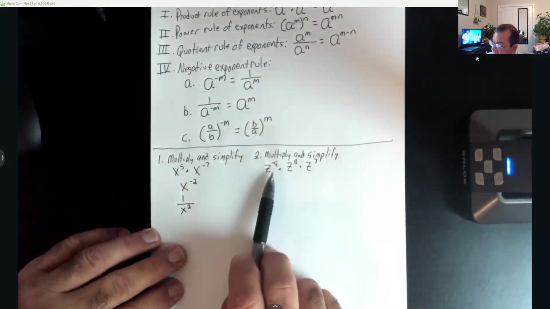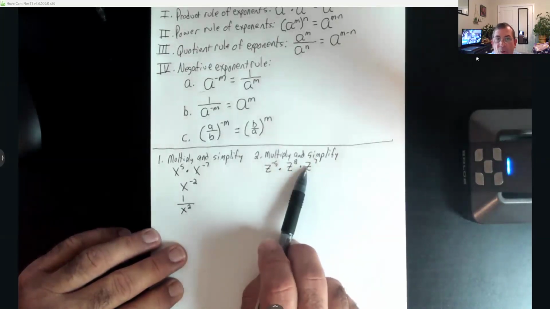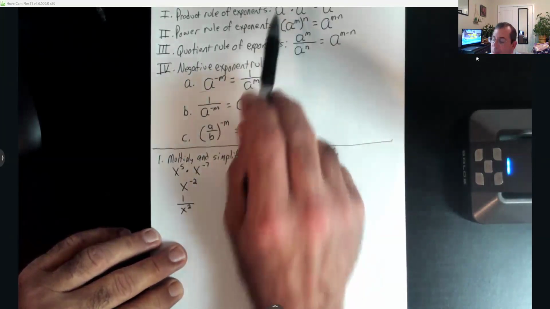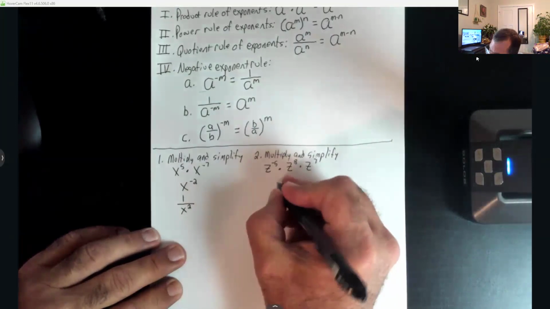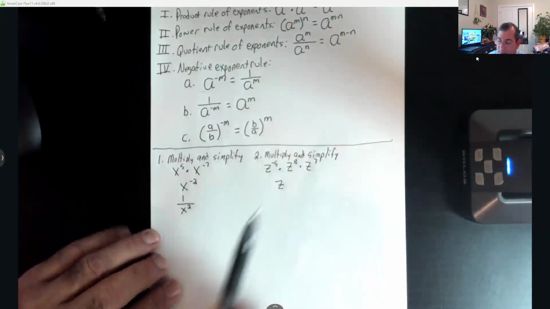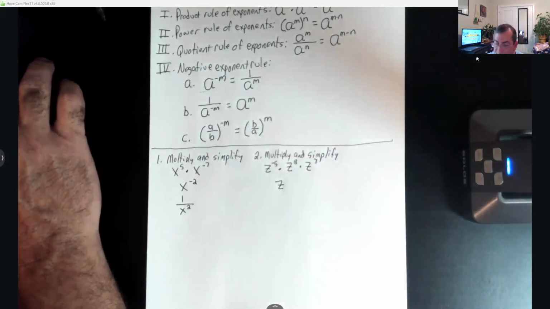All right. You're still multiplying a variable times a variable times a variable. We're still doing the product rule where we're multiplying a variable times itself. So basically, we know we're going to have a z. So y'all, let's add these exponents. Negative 5 plus 8 plus 7.